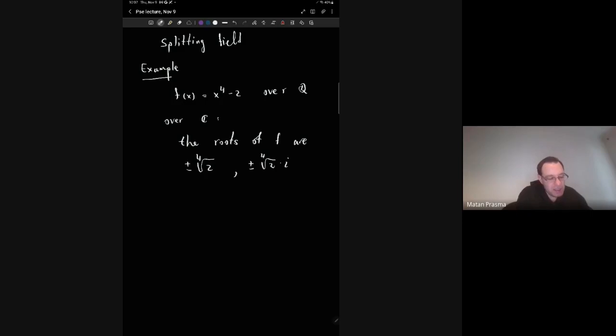And this is the complete set of roots, but none of these roots belongs to Q. So over Q, f is prime in Q[x].